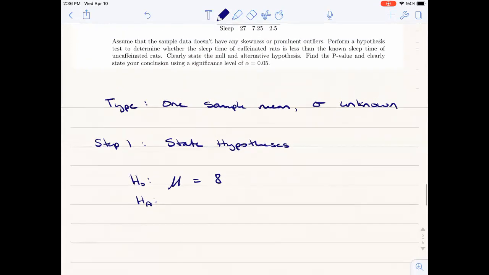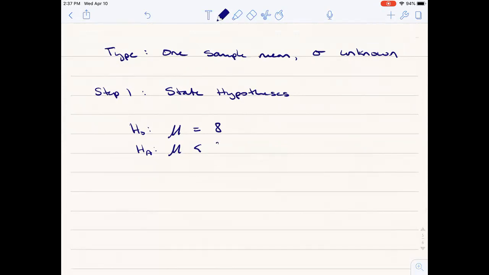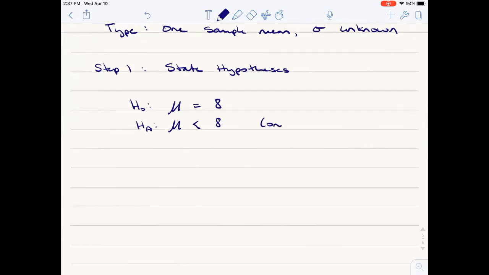And we want to know if it's less than the known sleep time, less than 8. So is mu less than 8? Because we're only concerned about the one side. Is it less than? We've got a one-sided test.